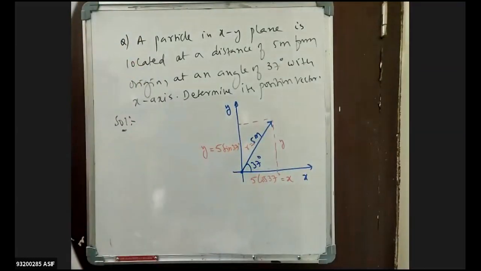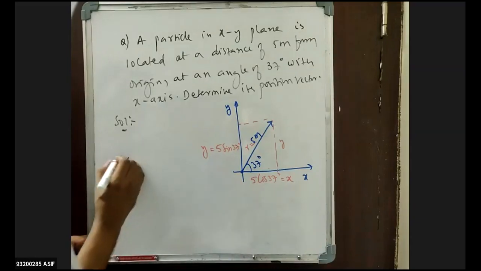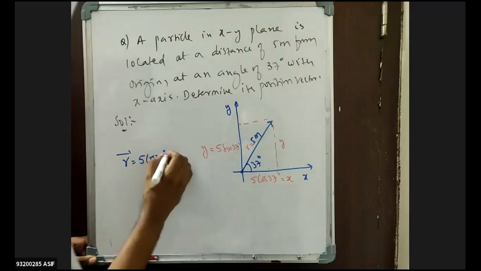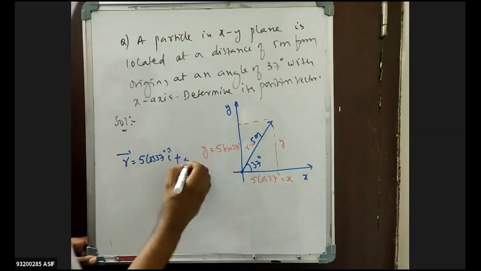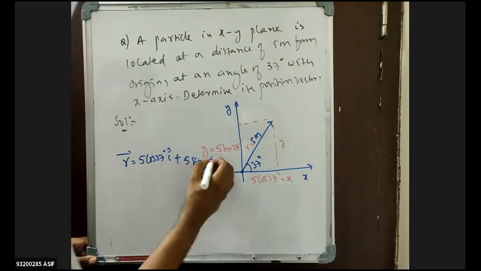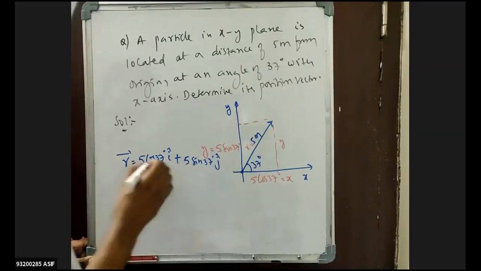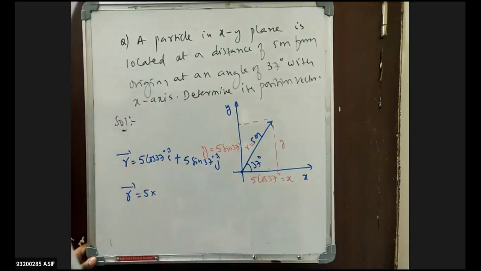So for the given condition, how do you write the position vector? R bar is equal to 5 cos 37 i cap plus 5 sin 37 j cap. I told you last time that cos 37 is equal to 4 by 5.